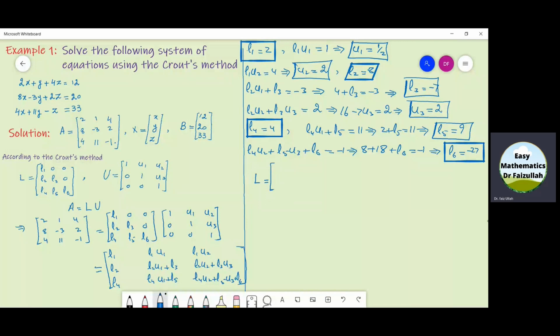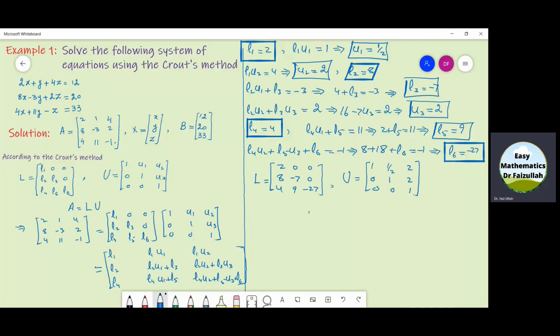The values of L are 2, 0, 0, 8, minus 7, 0, 4, 9, minus 27. And the values of U, which we can write 1, 1 over 2, 2, 0, 1, 2, 0, 0, 1.